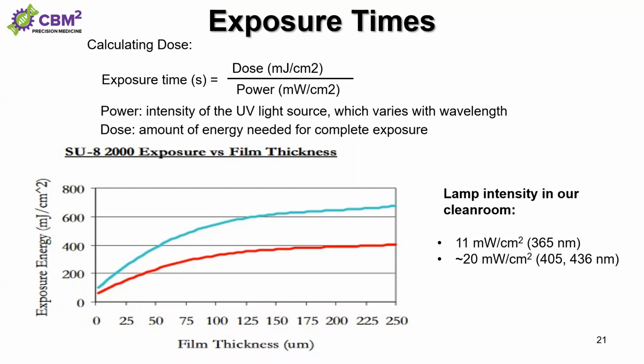And dose is basically a property of your resist, which will be given by the vendor of the resist. They will determine how much energy you need to completely modify your resist with a certain light over certain wavelengths. So now you can determine exposure time by dose divided by the power.